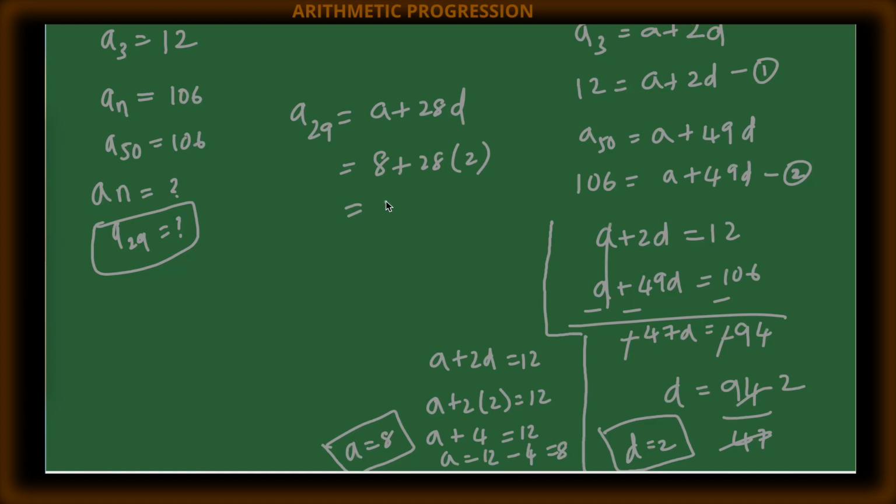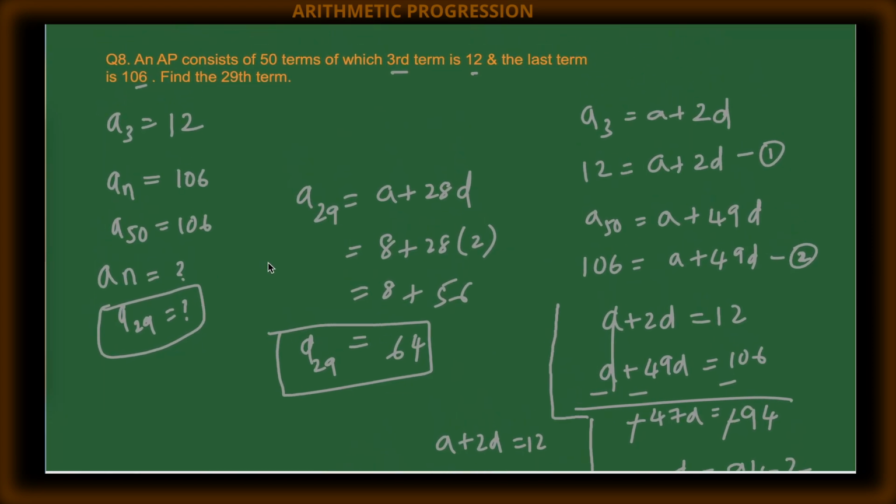So we have 8 plus 28 into 2, which is 56. Let's add it here, 56 plus 8, so a29 is 64. This is what we were supposed to find from this question.